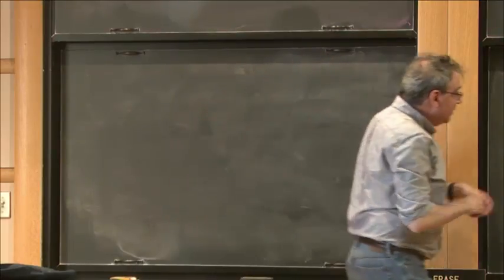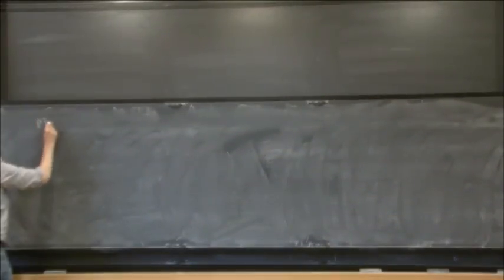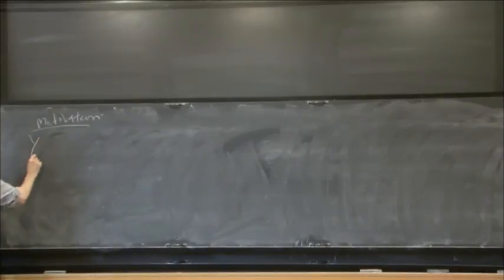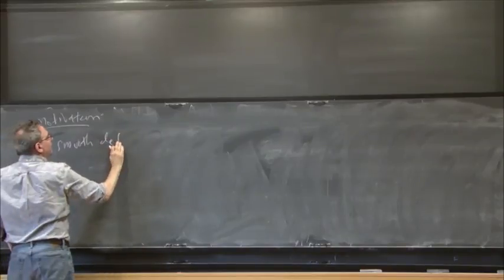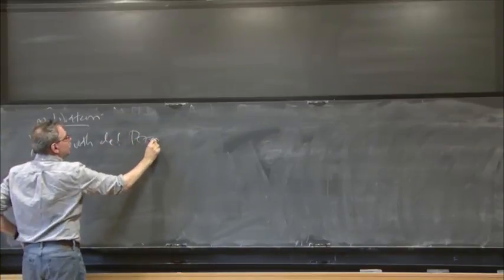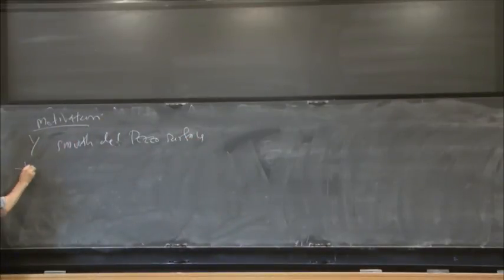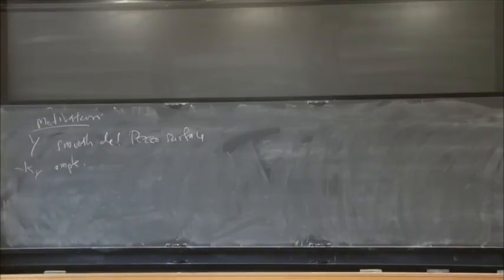So let me start with a little motivation. Here, let's take Y to be a smooth del Pezzo surface. In other words, minus K_Y is ample.